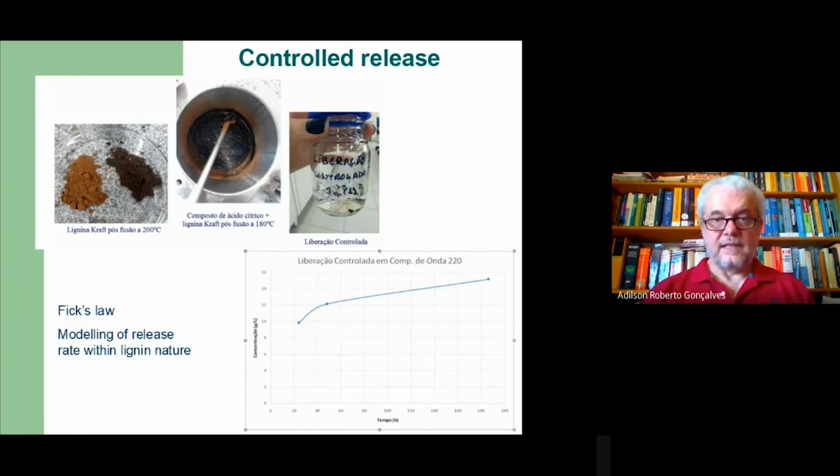Here we can see that the release was measured over time, and this is a normal situation for Fick's law, the first derivative of Fick's law, which is a model for this release. We are studying at the moment how this release changes with different lignin natures. That means we can use other lignins or make some derivative of this lignin.